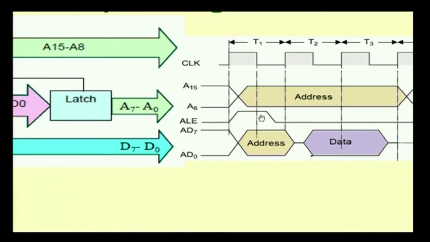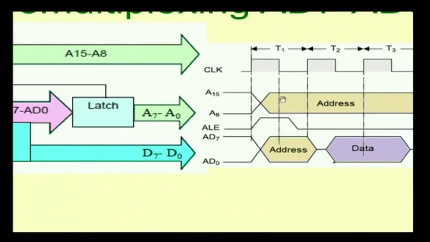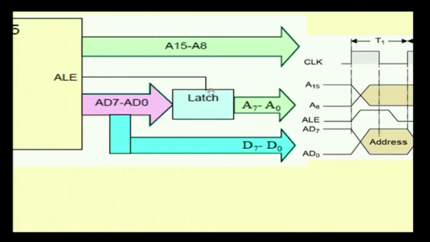When the address is available, that address has to be captured. Unless you capture this address, it will not be available at all. So what you are getting is the address latch enable pulse. During the first clock period, when the address is available, you get an address latch enable pulse, and this pulse will capture the address on this latch.